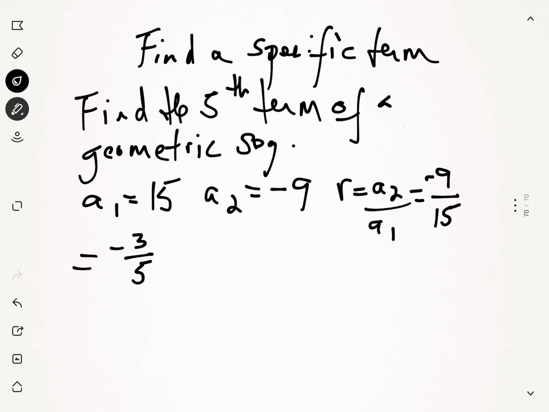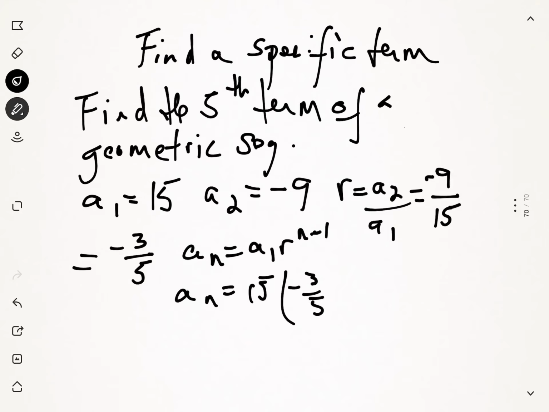So to do this, we're going to use the formula a1 r to the n minus 1. We have 15 times minus 3/5 to the n minus 1. Now we replace n with 5.